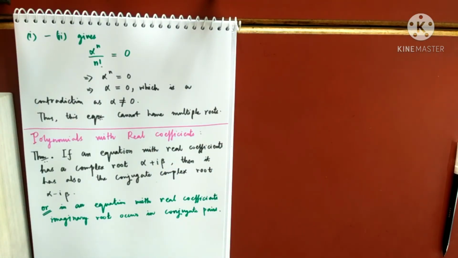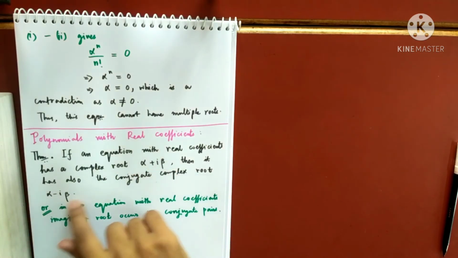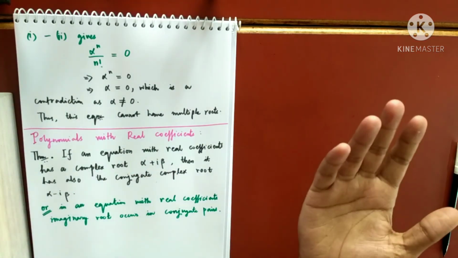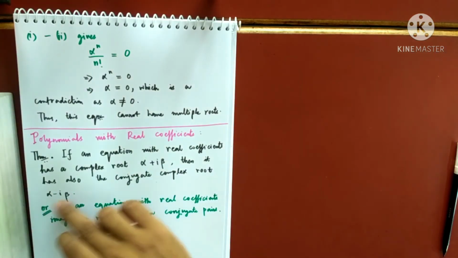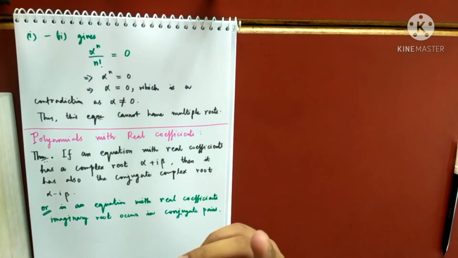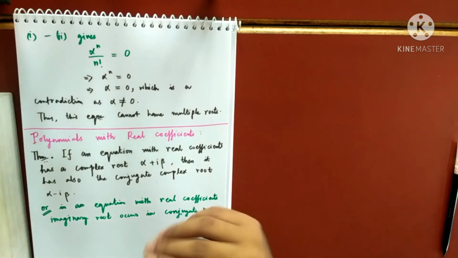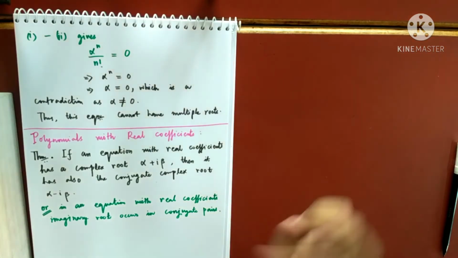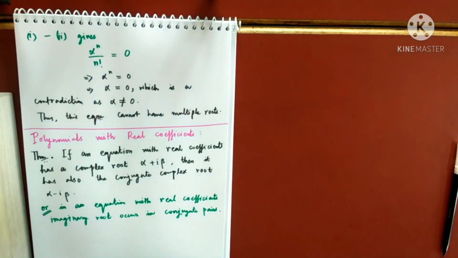They always occur in pairs, an even number of complex roots. If some other root x plus iy is there, then x minus iy will be a root. Only one complex root cannot be there, and 3 complex roots cannot be there. They always occur in pairs. Did you get the statement of this theorem?